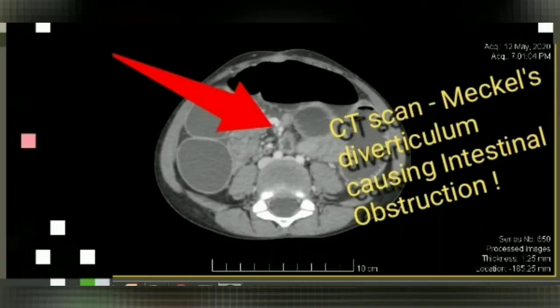The same thing in the axial image, we can see these dilated bowel loops and here diverticular outpouching-like structures in the central abdomen. This is one important clue that this should be Meckel's diverticulum as a cause of intestinal obstruction.